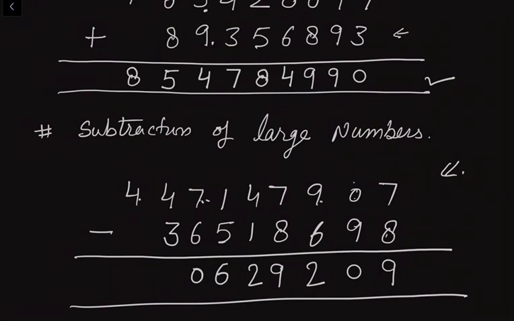This is 4, we will take borrow from this 4, it will become 14, and 14 minus 3 is equal to 9, and this is 3 and 3. This is the answer for the large number. The process is the same as for small numbers. We can do many questions on the basis of this question.